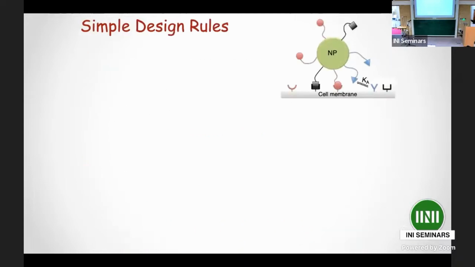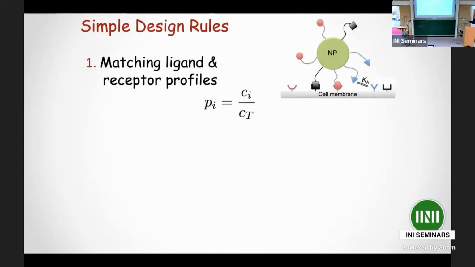I will not go through technical details, but it will give you some simple design rules that come out of this calculation.